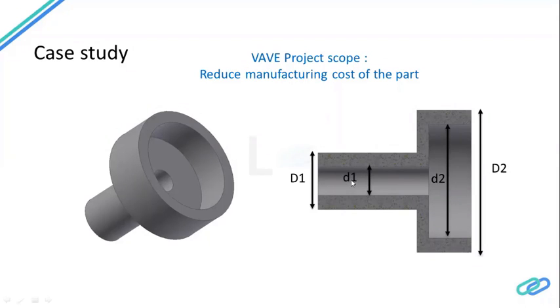Again, on the left there is a hole or a bore of small diameter d1, and to the right there is a bore of small diameter d2. So this is a very simple part, just taken for example.